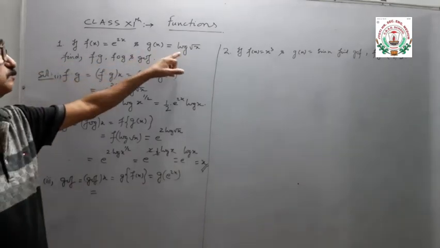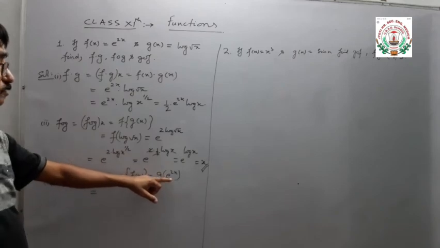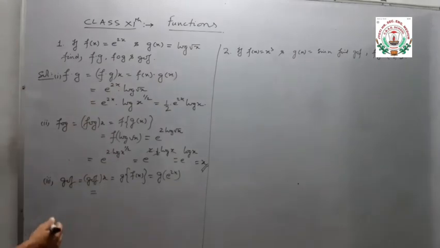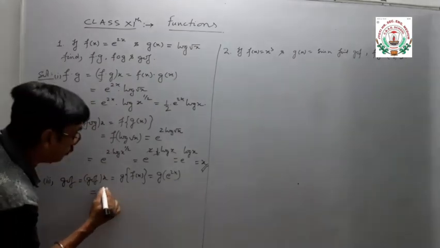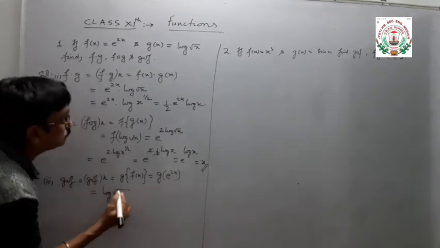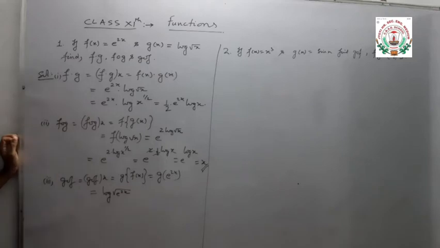Log root x means in the function g of x, in place of x we have to substitute e to the power 2x. Now here log under root e to the power 2x.